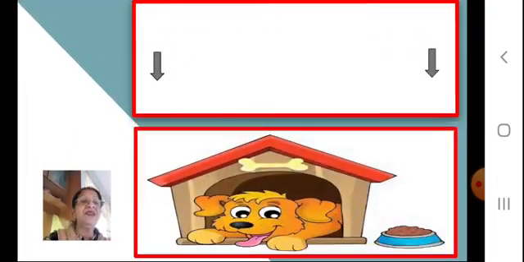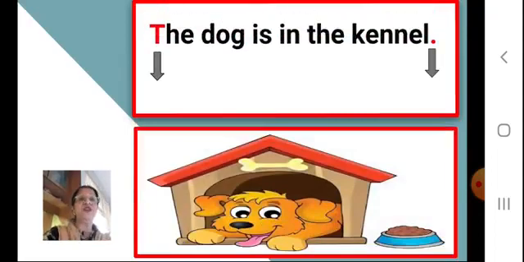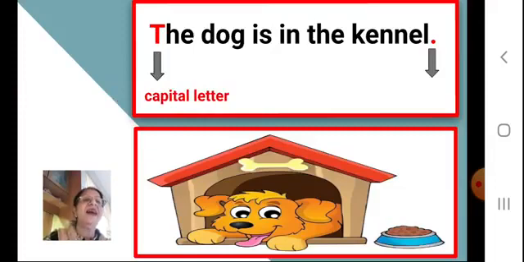There is one more example. The picture is there. The dog is in the kennel. So here again the sentence is starting with T, so it is in capital letter. And the sentence is ending with a full stop. Right.